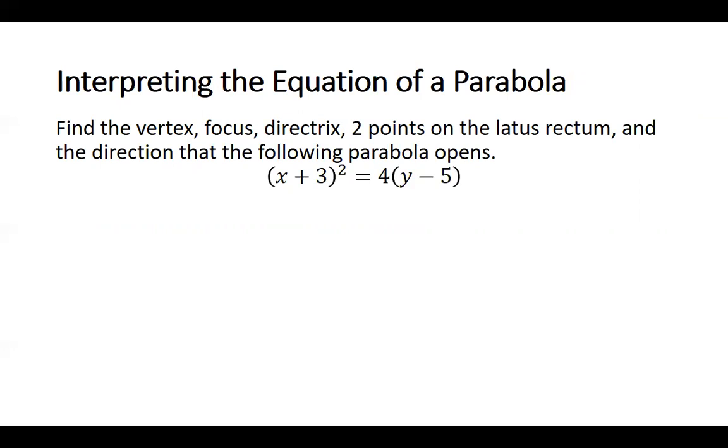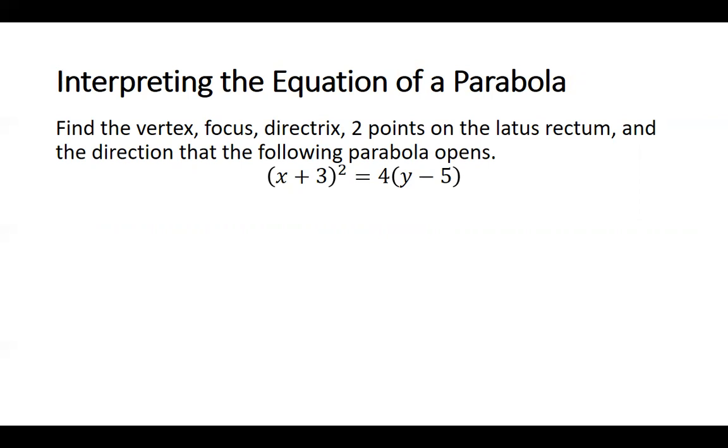When we're looking at this, the first thing I see is that it's in the form x squared is equal to 4ay, which tells me it's going to open either up or down because we have x squared. If it was opening right or left, we'd have y squared.